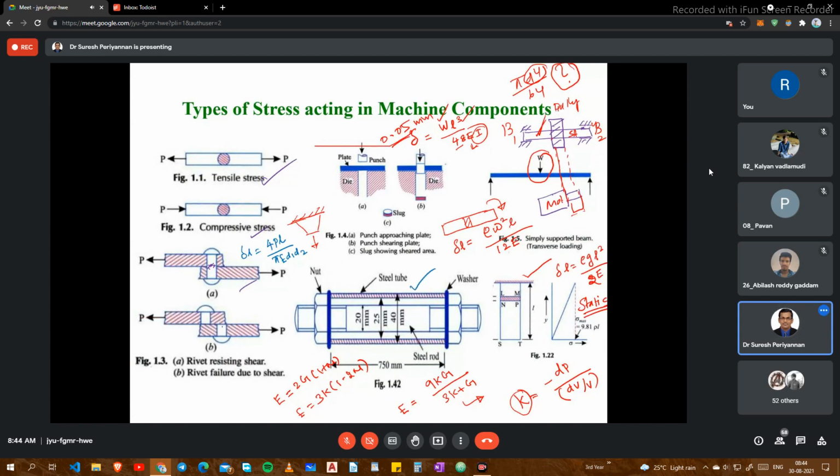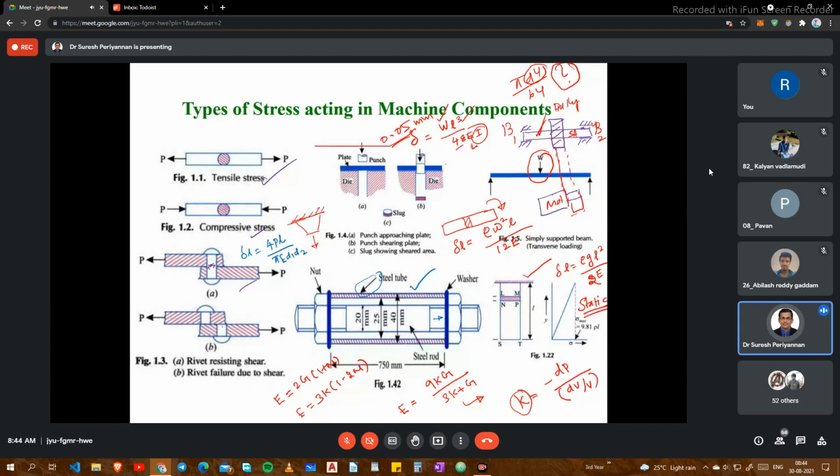Now we continue with this arrangement. The tube is subjected to compressive load. The rod, in that sense, is nothing but our bolt. The bolt is subjected to tensile load.